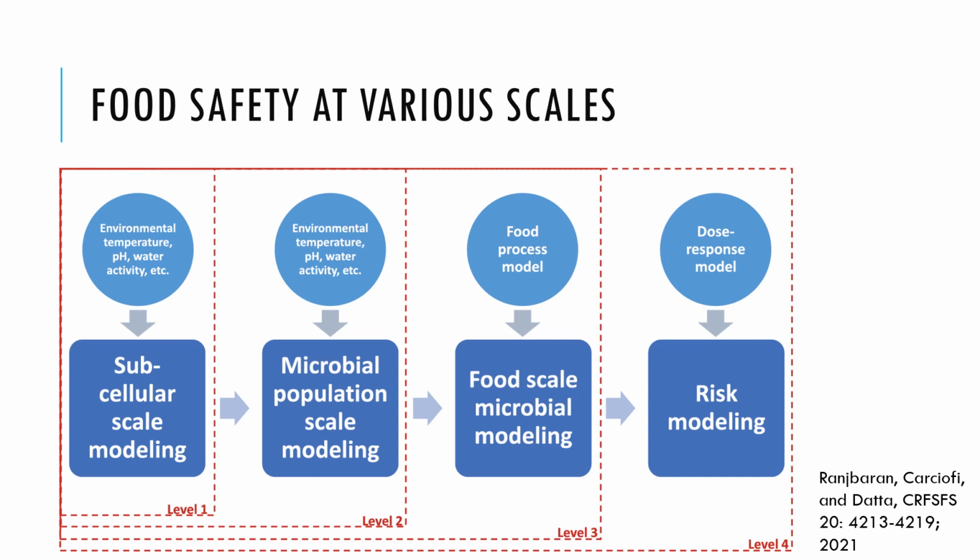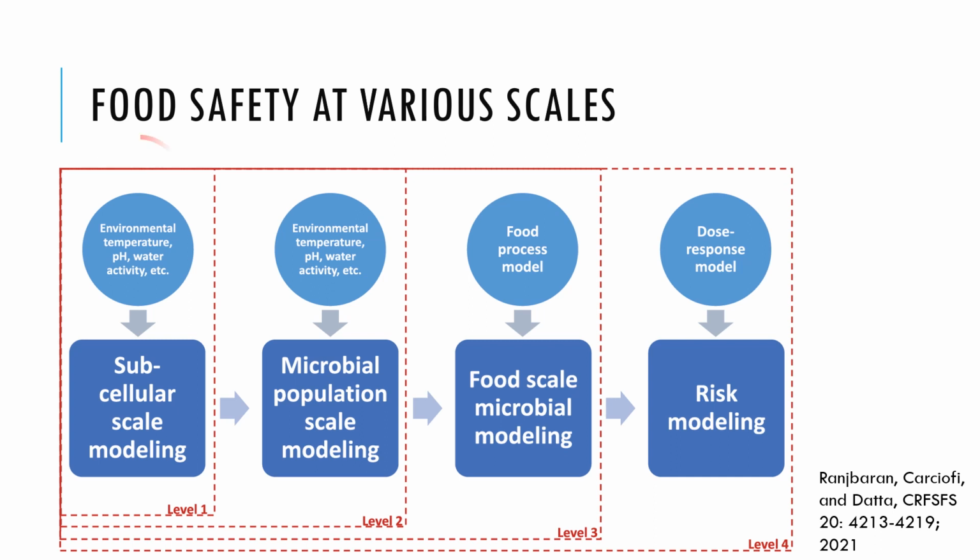The food safety framework that we just discussed, if we want to put it in perspective, and if we look at the big picture of food safety, we can think of it at four different interconnected, complementary scales.